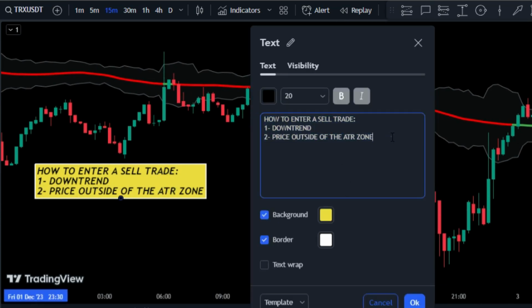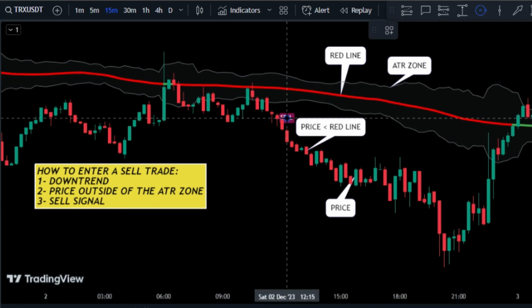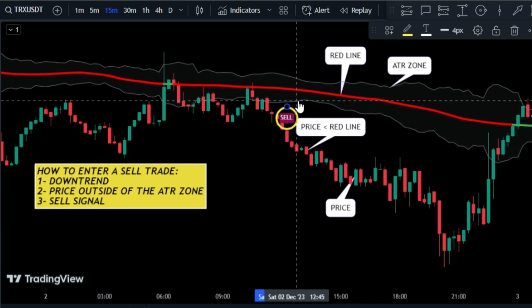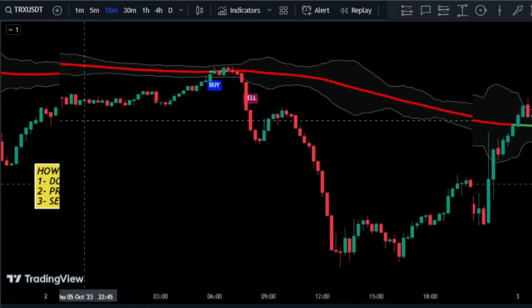Lastly, we should wait for a sell signal to be generated. Once these rules are satisfied, we're in a position to initiate a short trade.